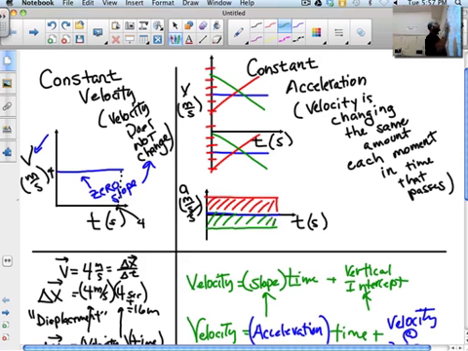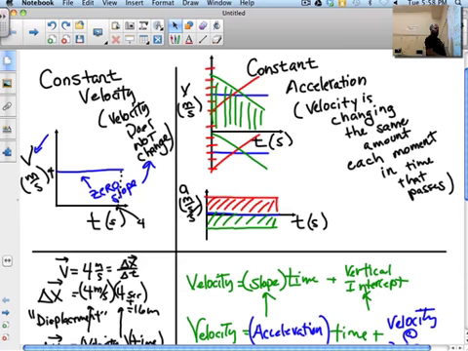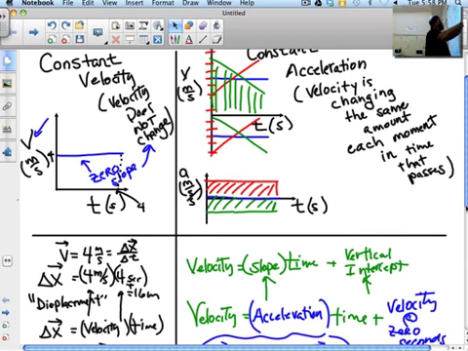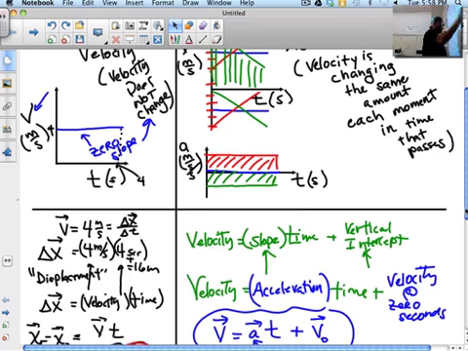Now, you'll recall that the area under a velocity time graph is change in position, but the area under an acceleration time graph is change in velocity. So if I take, I'm just going to make up a number.